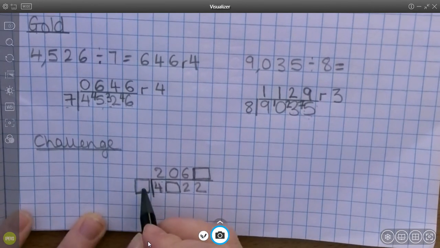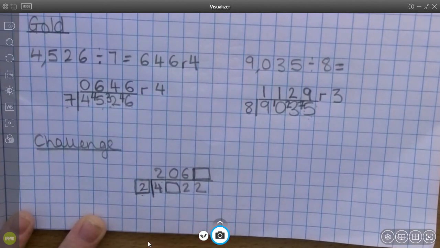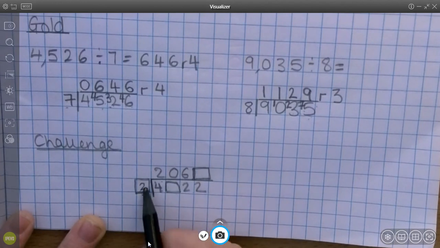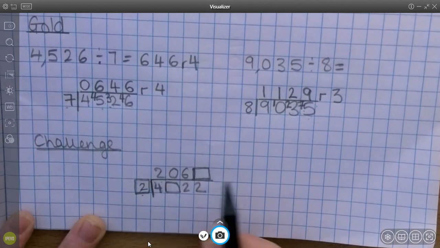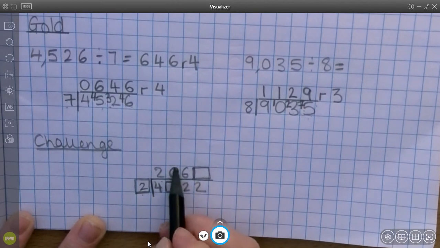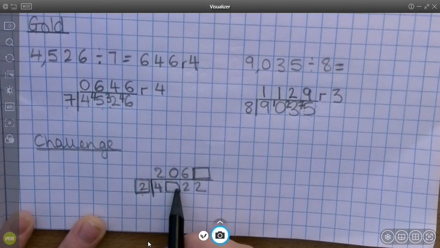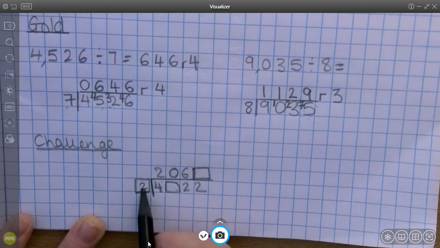So for a moment, I'm going to lightly put 2 in here, because it might not be right, but at the moment that's what I'm getting. So 4 divided by 2 is 2. Now we have something divided by 2 is 0. When we put 0 above it, it means that we haven't managed to get any groups of 2 out of it. So this means this number has to be smaller than what we're dividing by.